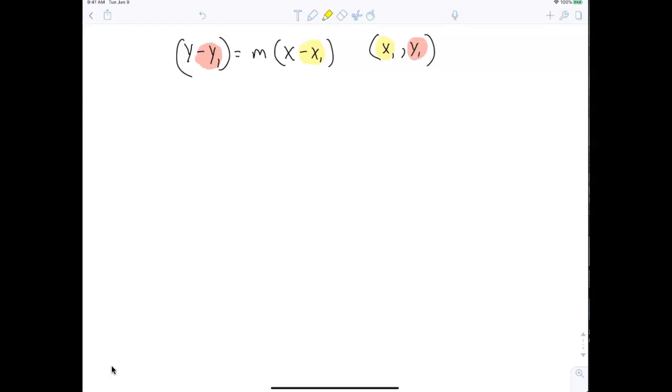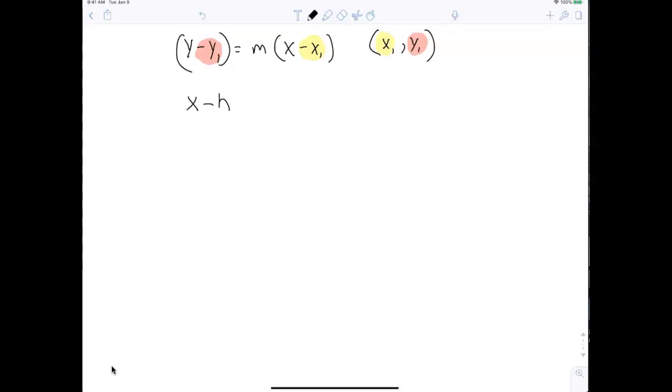So yesterday I wrote up on the board the equation of a circle written in center radius form, and then there's something called the standard form. I'm going to give you the form where you can see what the center and the radius of the circle are. That would be x minus h squared plus y minus k squared equals r squared.